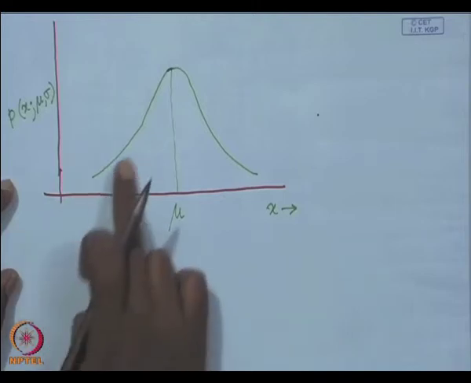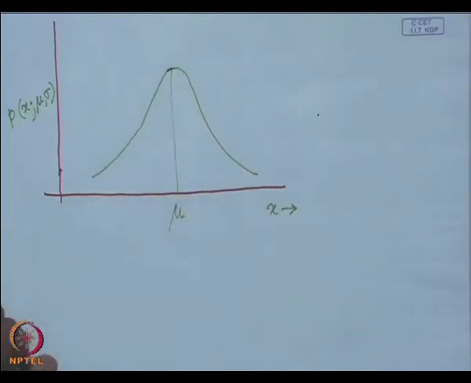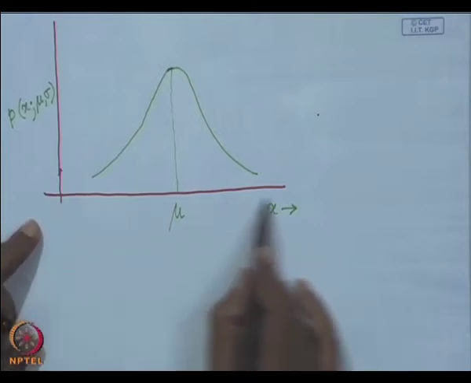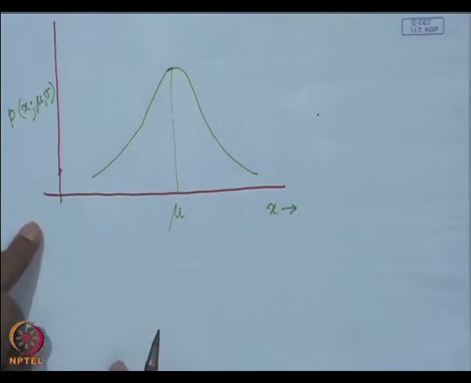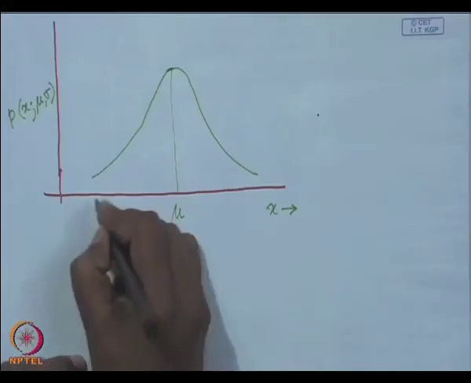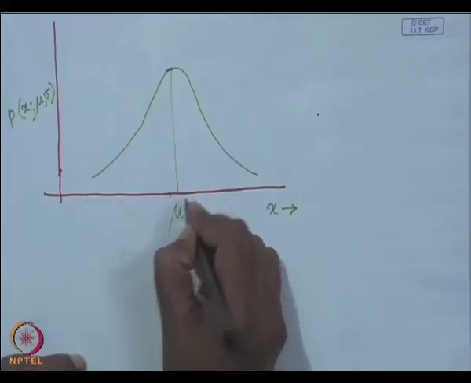Now, what I can do is represent this analytical curve by a piecewise constant approximation. What do I mean by piecewise constant approximation? This axis representing my variable x, I divide into a set of intervals, something like this.